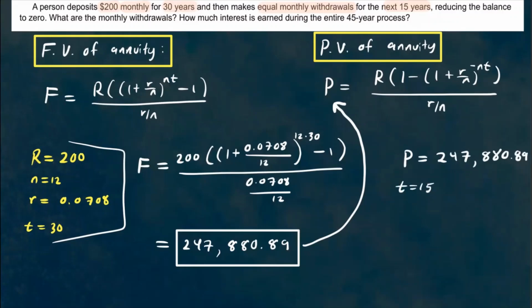We want to know how much we can withdraw. So R is going to be our question mark that we're looking for. And same interest rate, so the rate is 0.0708. Again, we want to figure out the monthly withdrawal, so n is going to be 12.